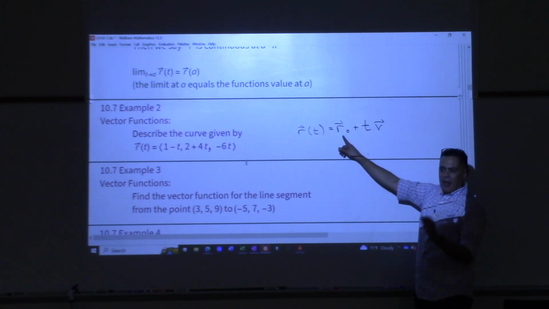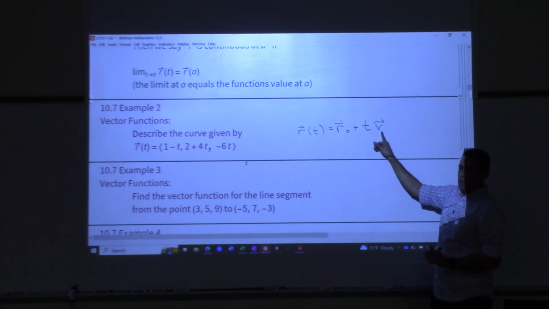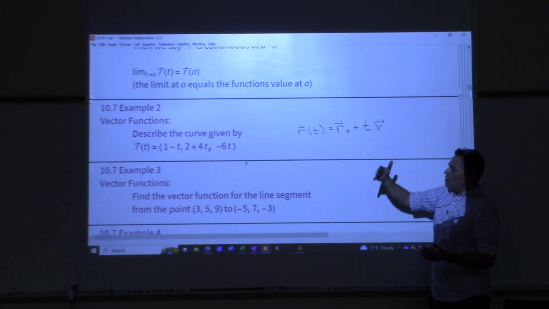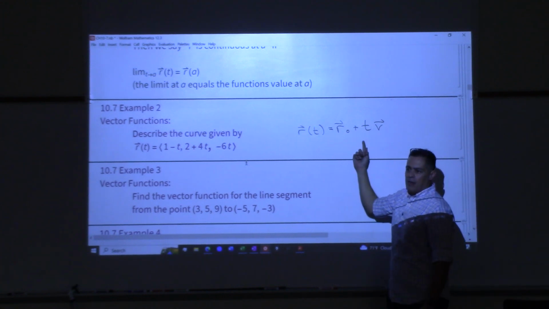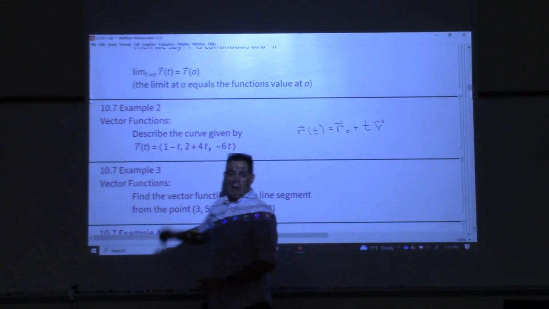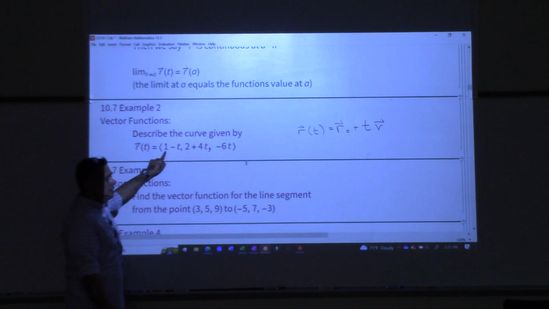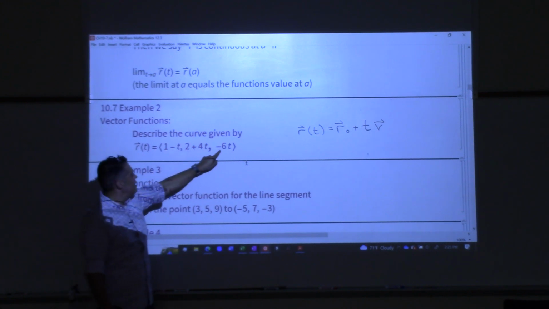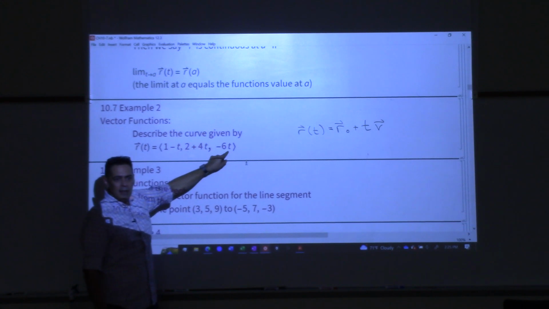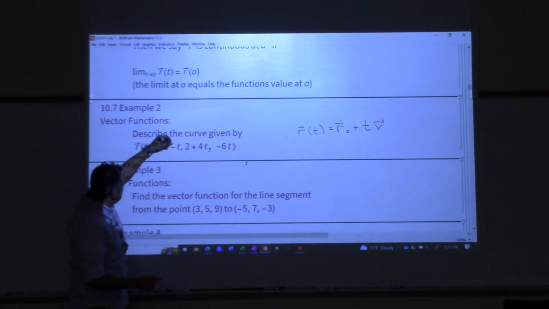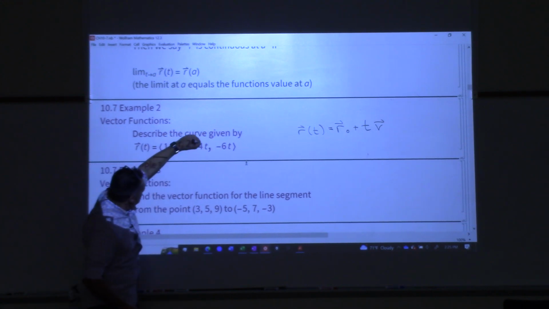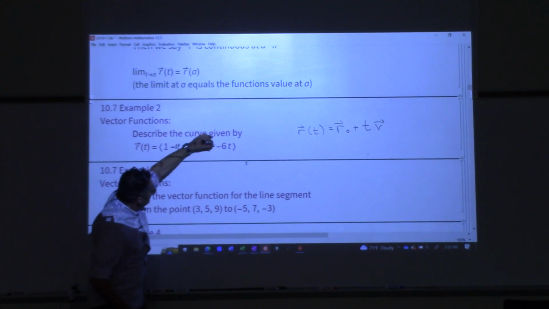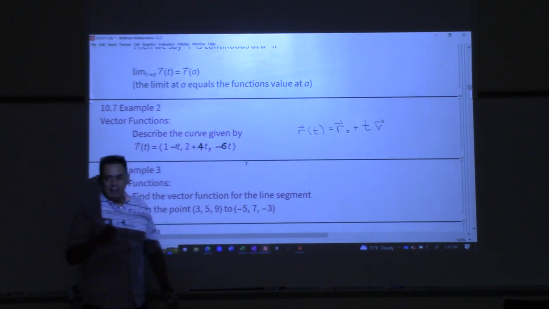Where R naught was a vector pointing to one point on the line, and then we had t times v. If you look back in our notes, a lot of times we broke it down into this form, where we had a number, and then some number in front of t, and so on. The coefficients, -1 here, 4 here, and -6, that's the direction vector.